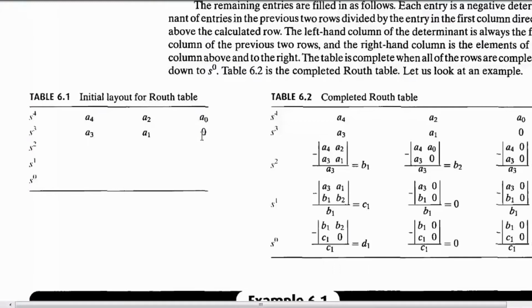So this is the table that we have to make, and then for S squared, S1, S naught, we have to solve them further.